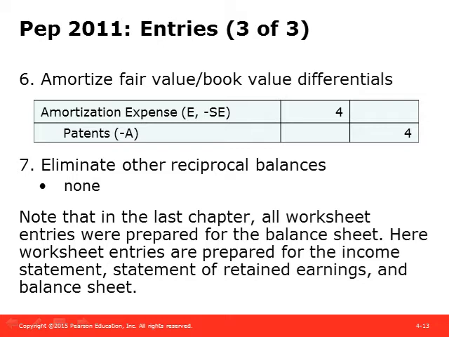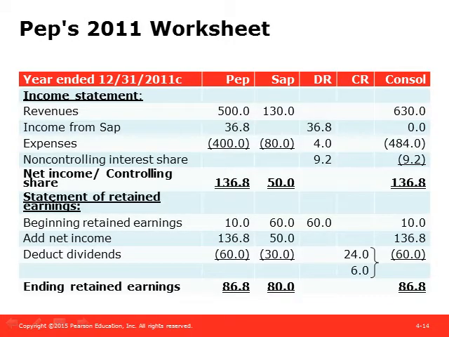So note that in the last chapter, all worksheet entries were prepared for the balance sheet. Here, the worksheet entries are prepared for the income statement, the statement of retained earnings, and the balance sheet. And so here we see the worksheets as we prepared them.